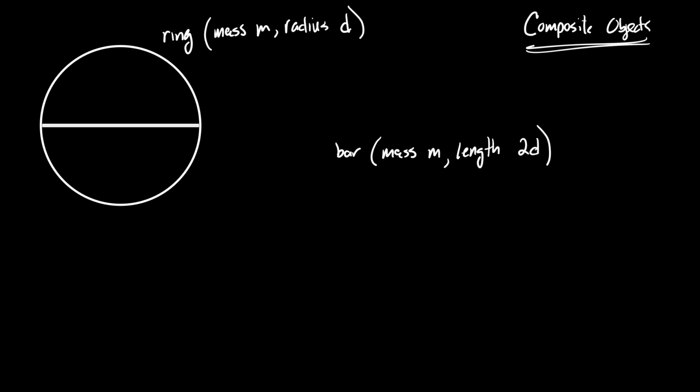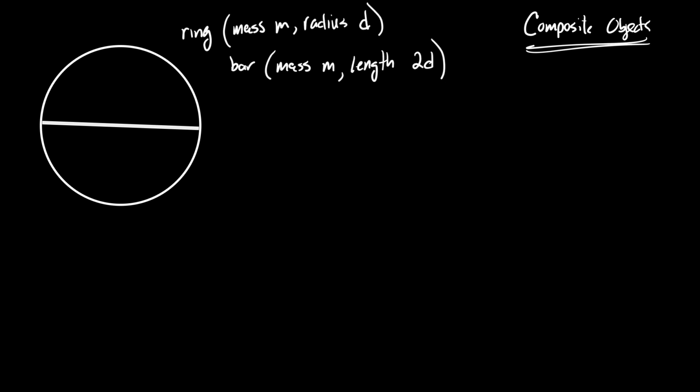The idea being here is that we could use this as a rotating pulley. So what I'd like you to do is, in terms of M and D, calculate the moment of inertia of this composite object.